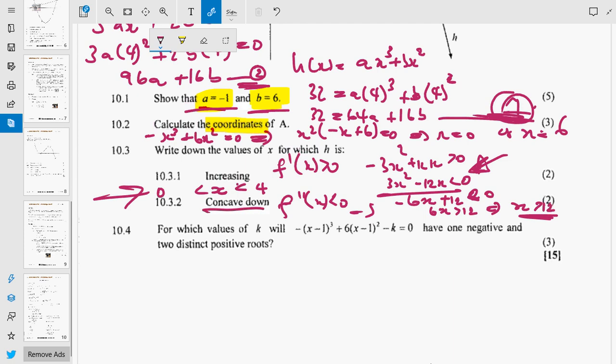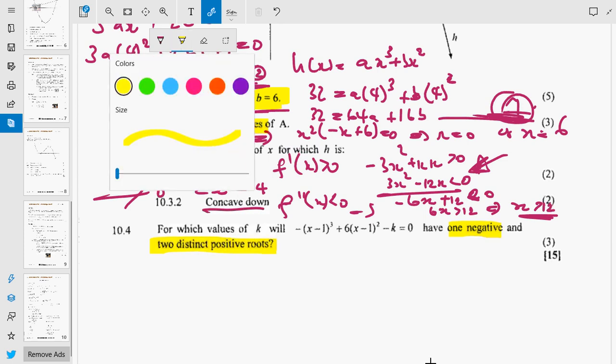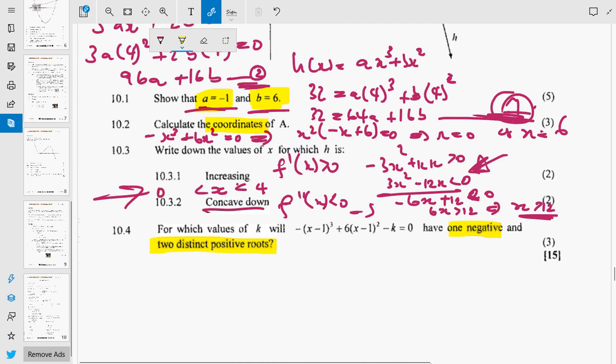Now the last part of this question was probably the trickiest part. They are asking you the value of k for which this equation here will have 1 negative and 2 positive distinct roots. Now don't freak out here. If you look at this equation here, you will see that this portion here is just the original graph shifted 1 unit to the right.